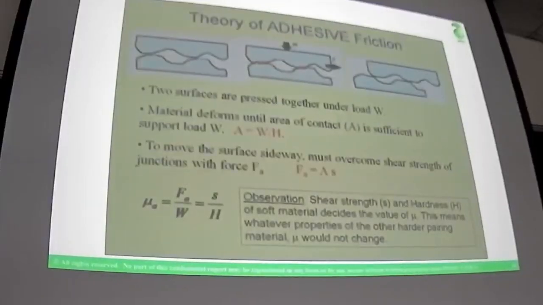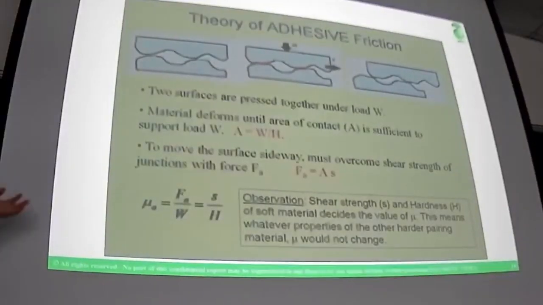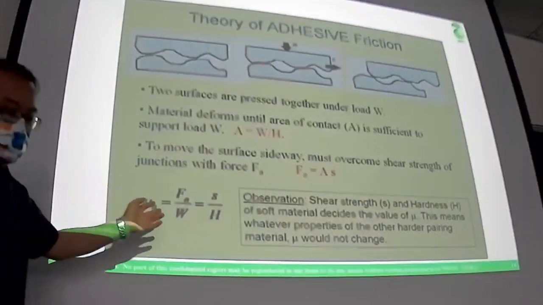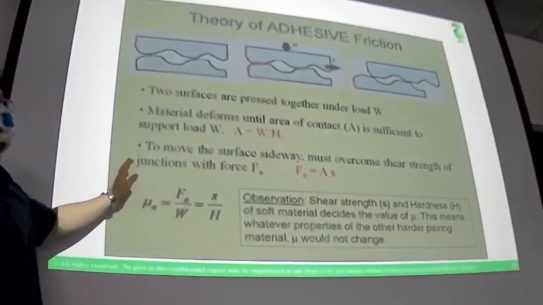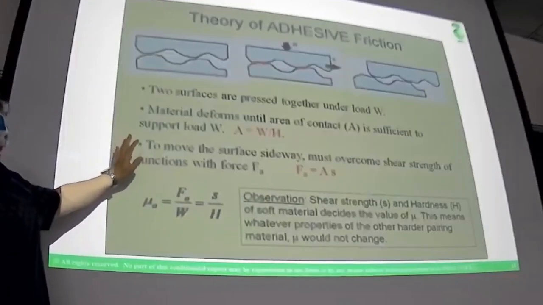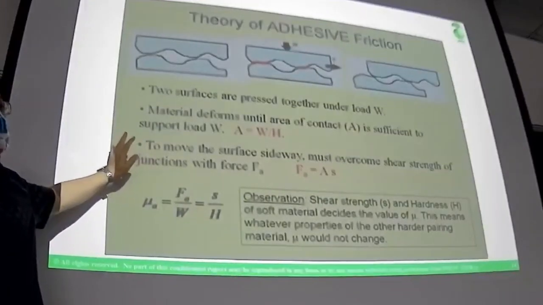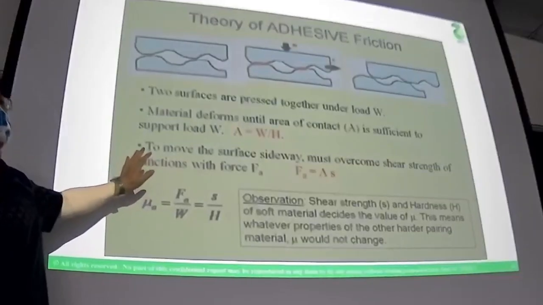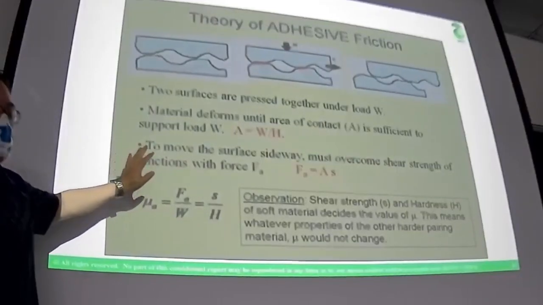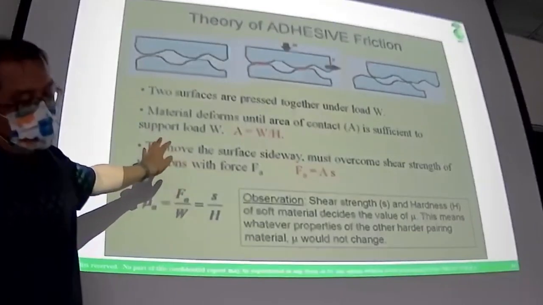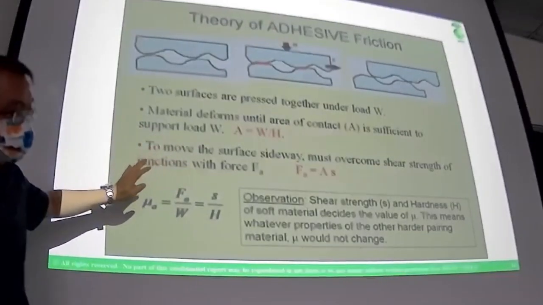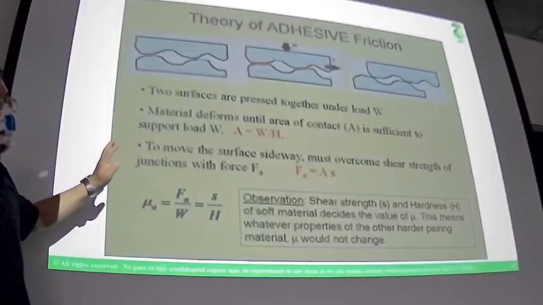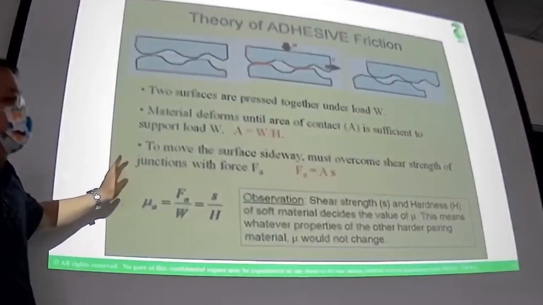So from this observation or from the experiment, you will have some conclusion for this theory. Starting from now on, we will have a lot of different theories from different experiments and different observations. So it may give you some empirical formula.